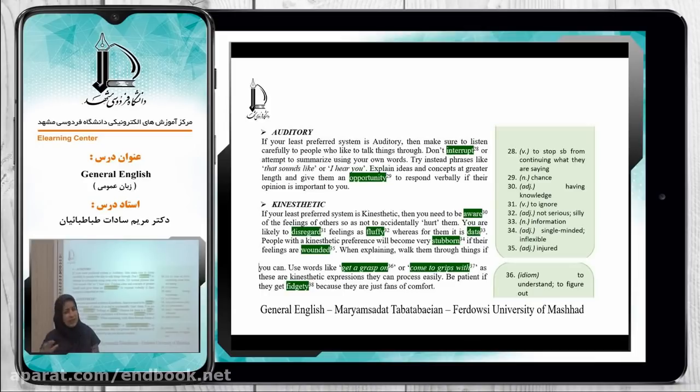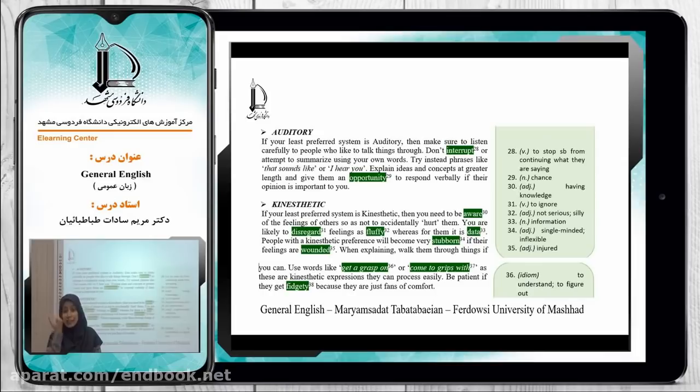Short explanations do not help them. They would like to hear more and more. So, give them an opportunity to respond verbally if their opinion is important to you. Let them just talk to you and listen to them. That is what they like.